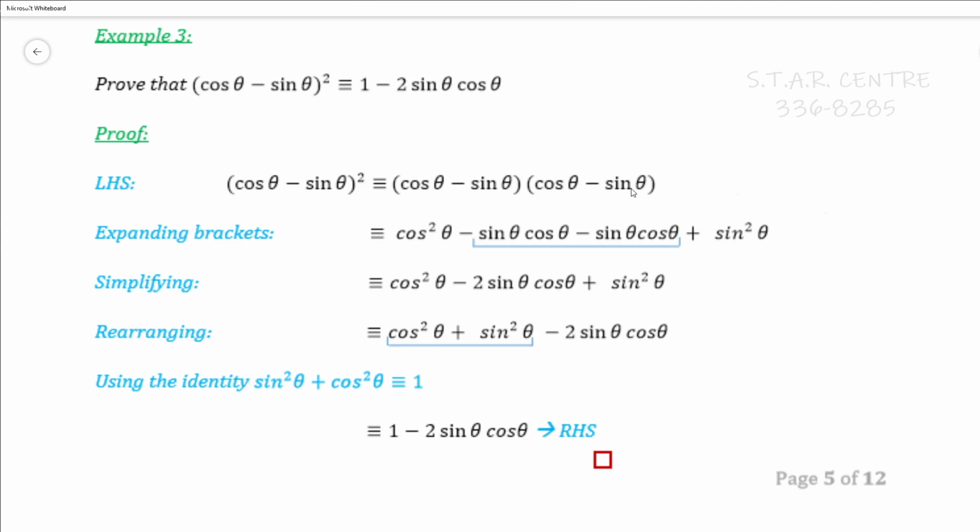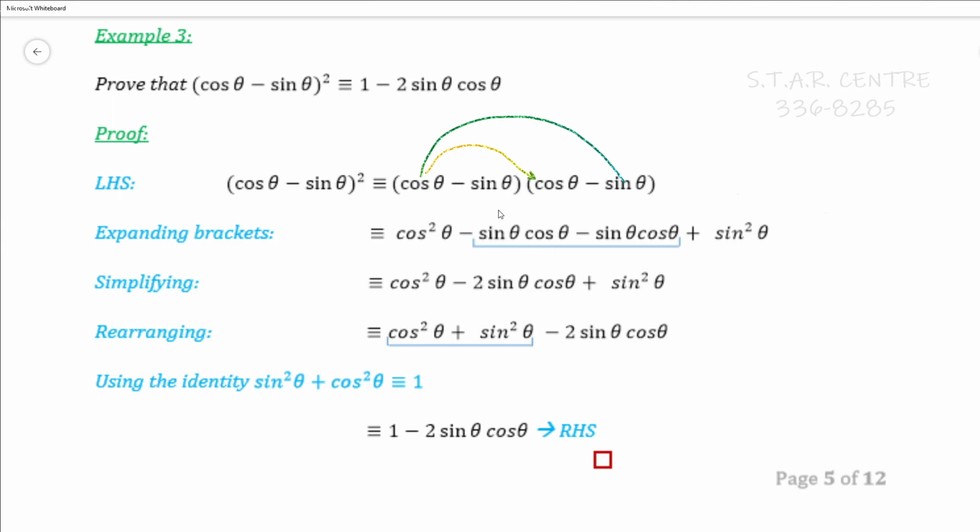So then I would have cos theta multiplied by cos theta, which will give us cos squared theta here. Then cos theta multiplied by minus sine theta will give us minus cos theta sine theta, or minus sine theta cos theta. Multiplication is commutative, so if I have sine theta cos theta, or cos first and then sine, it's the same thing.